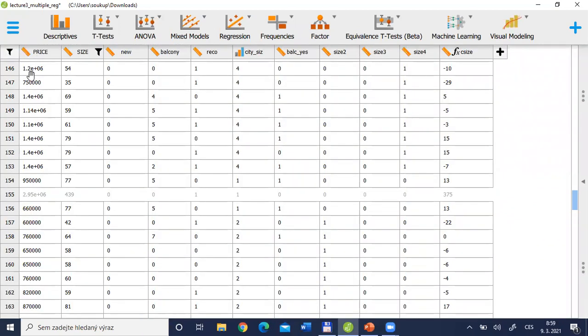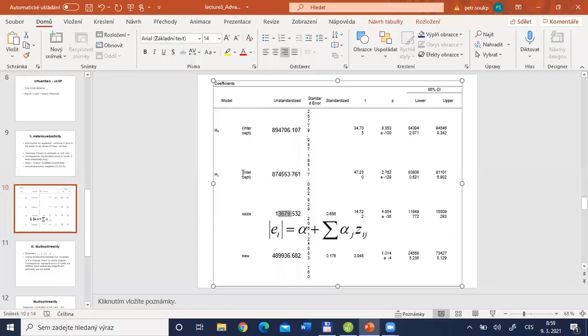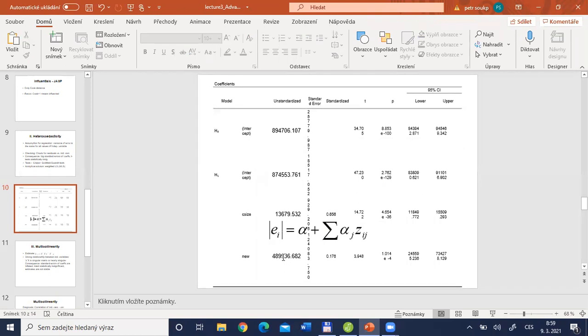So I would compute price minus intercept, minus the size coefficient multiplied by the real value of size, plus new multiplied by the coefficient for the new variable. That's why I need these figures. That's why I copied these into the PowerPoint presentation.